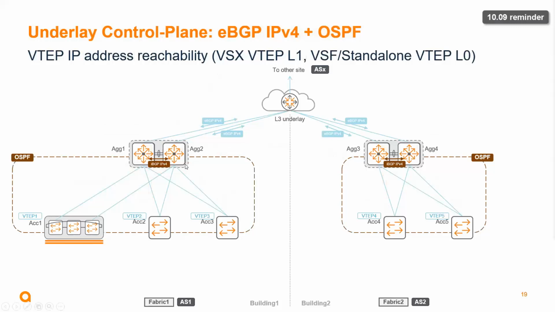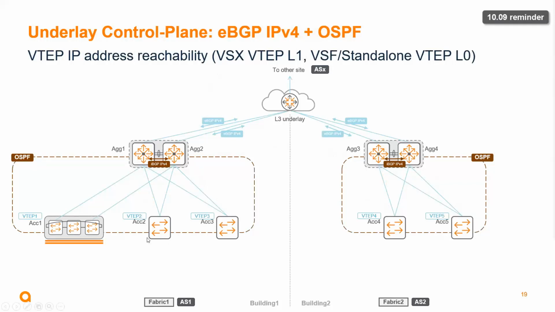For the underlay routing, again very important, you have to make sure that all the loopback addresses of all those VTEPs are reachable. We do not change anything compared to what we already discussed in 10.09.